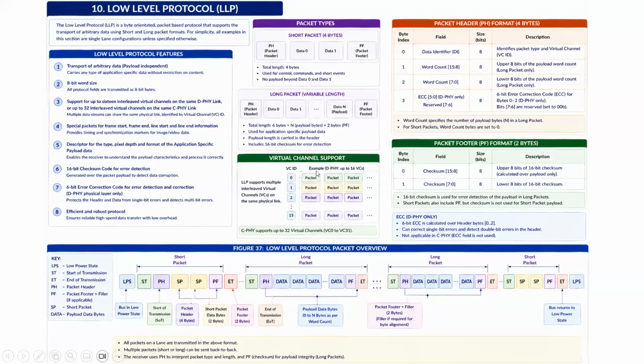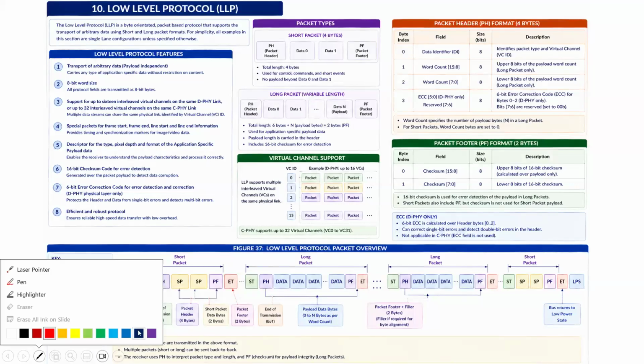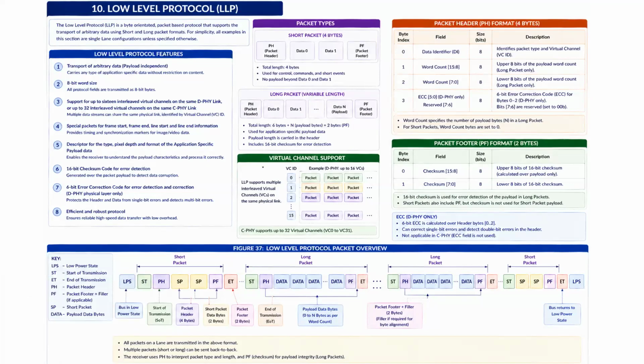So now, we have virtual channel support. What is the use of virtual channels? See, LLP supports multiple interleaved virtual channels, because we are sending multiple data, multiple bytes on the same lanes, right? In the same lanes, we are sending lane 1, lane 2, lane 3. For that, we need to support multiple streams on the same physical layer.